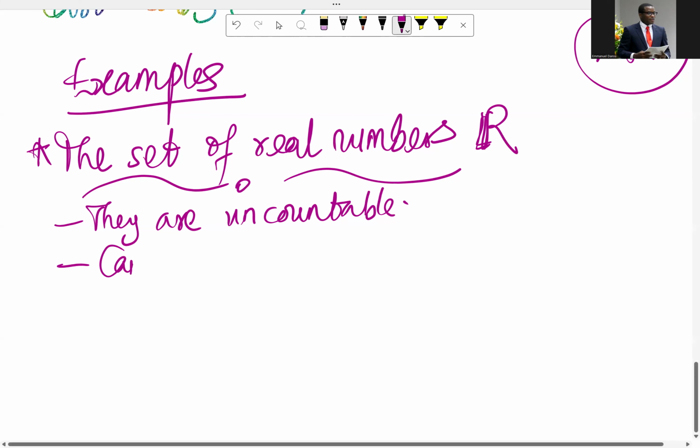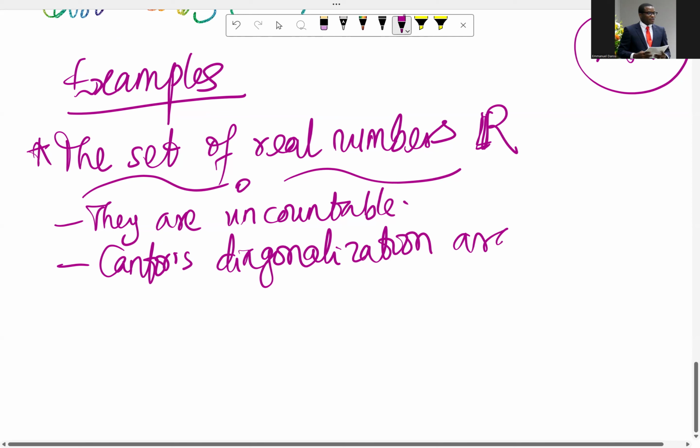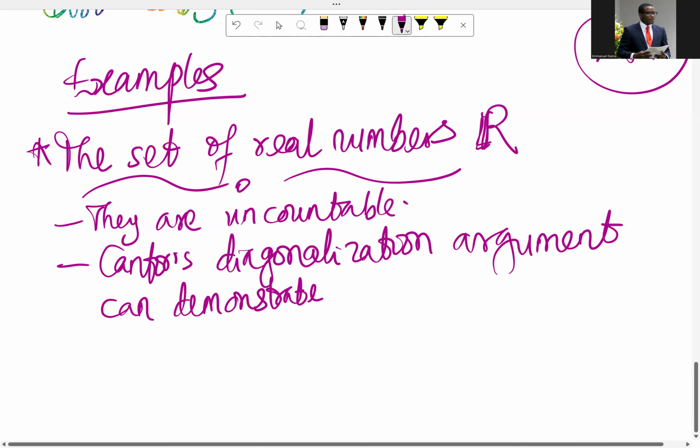So there's something called Cantor's diagonalization argument, which can demonstrate its uncountability. So what does Cantor's diagonalization argument say?